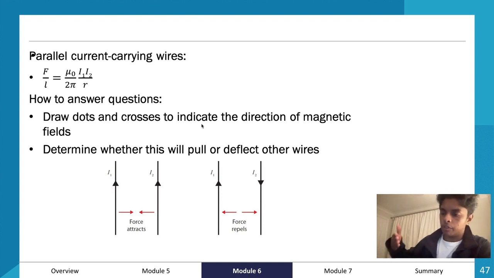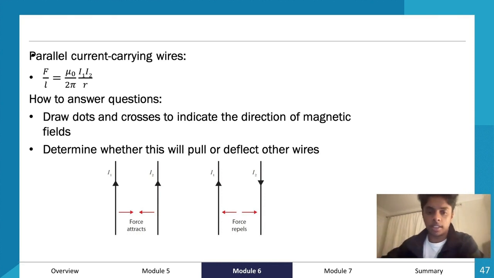So we have the four fingers indicating the direction of the magnetic field that I2 is experiencing. So I2 is experiencing a magnetic field into the page from I1, and so my four fingers will go into the page. The current in I2 is going upwards, so my thumb will point upwards, and then my palm will point to the left. And so I have my red arrow pointing to the left.